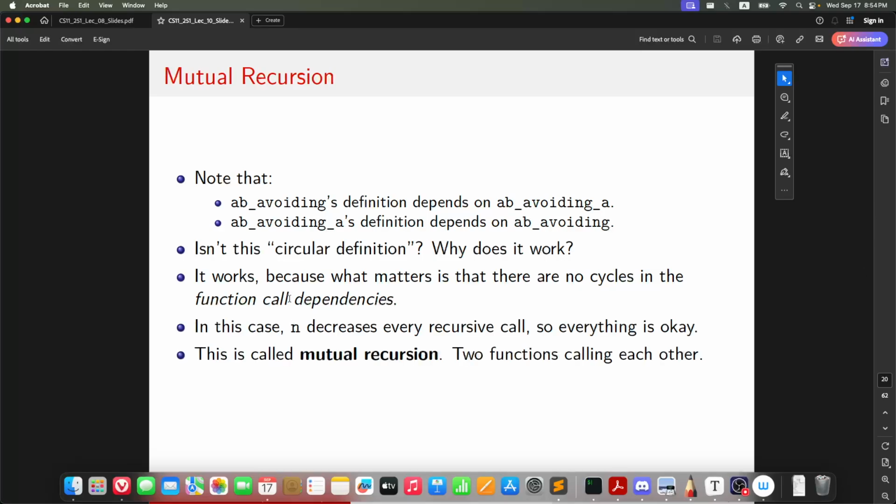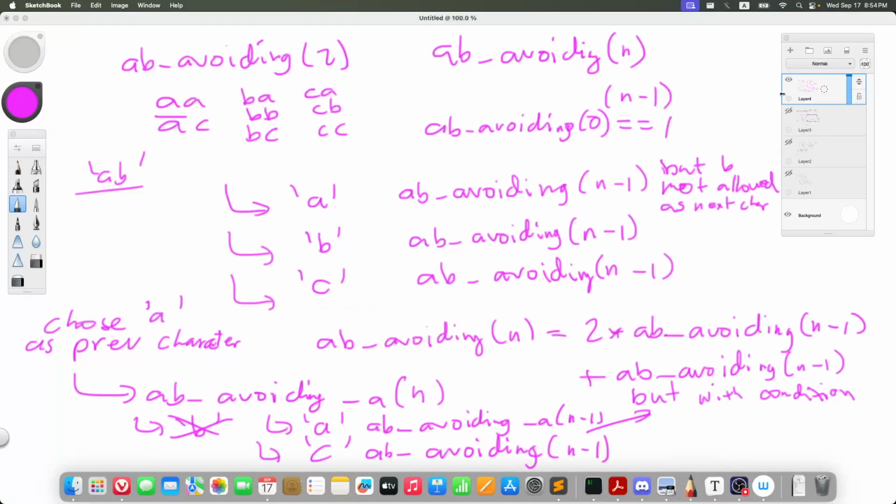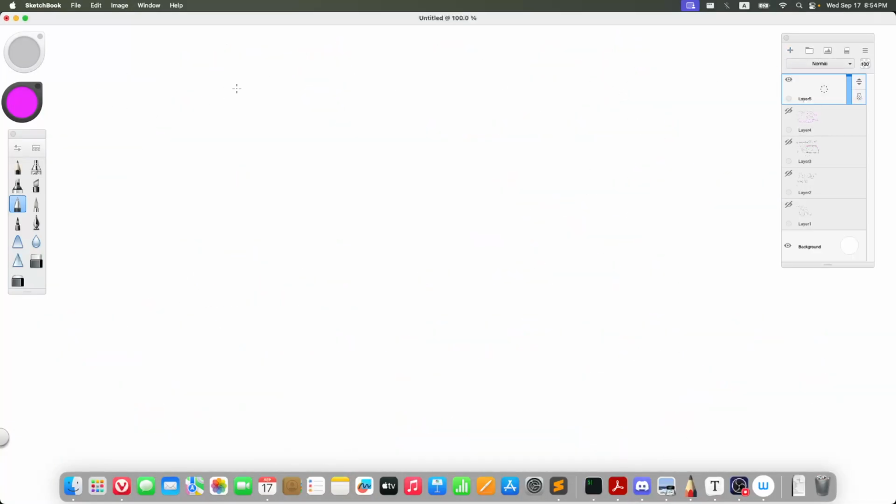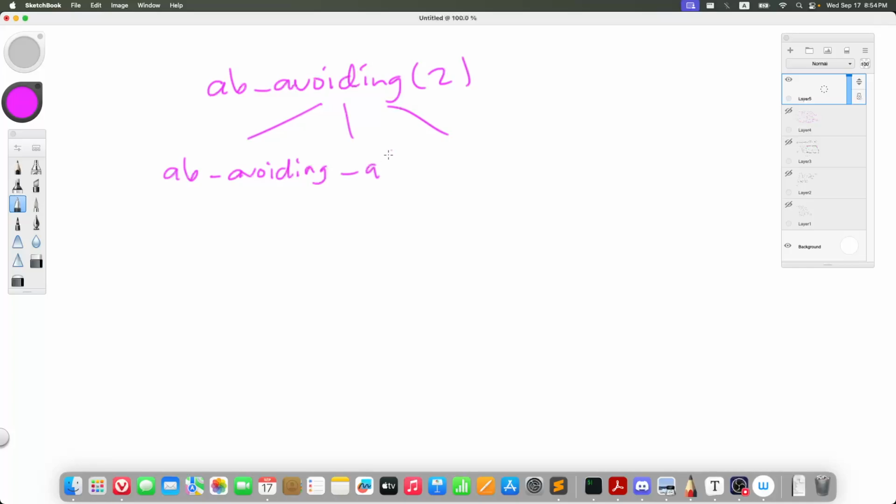You can verify that by, let's try to draw the recursive calls for AB avoiding 2. So it calls 3 functions: AB avoiding A1, and 2 calls to AB avoiding 1.